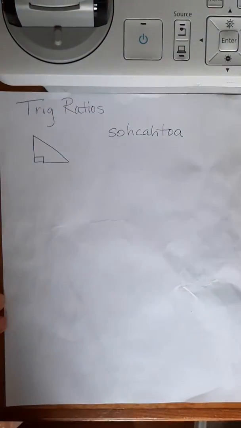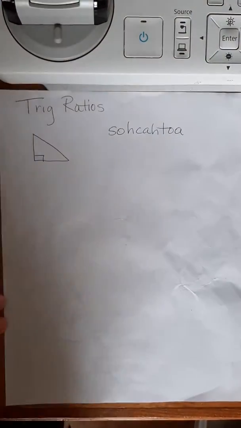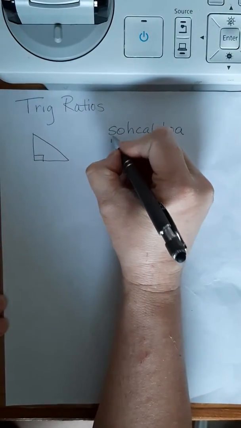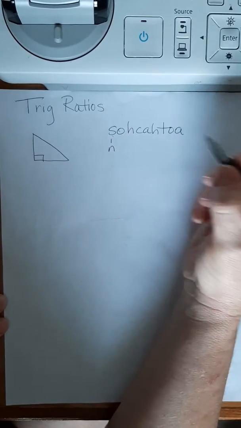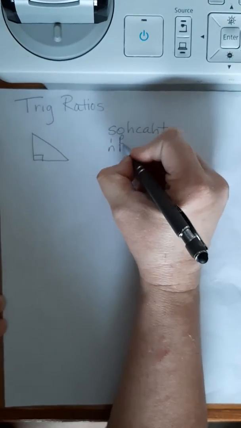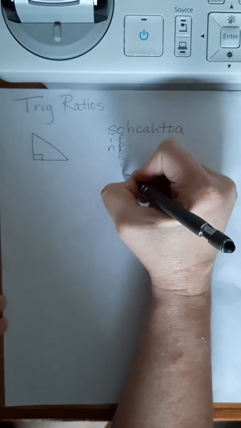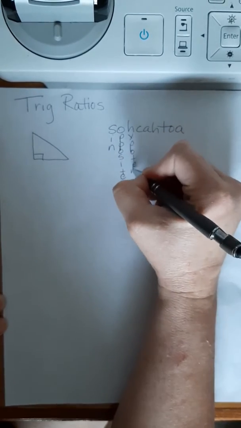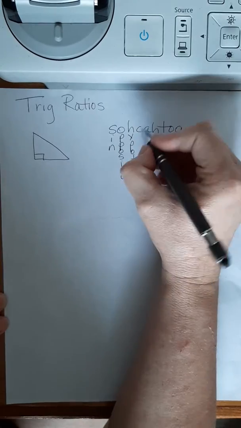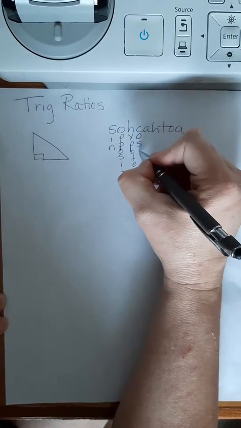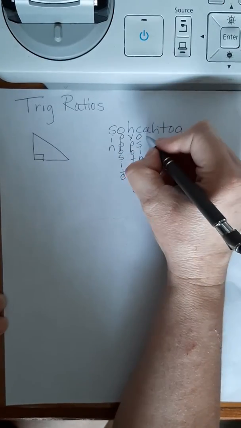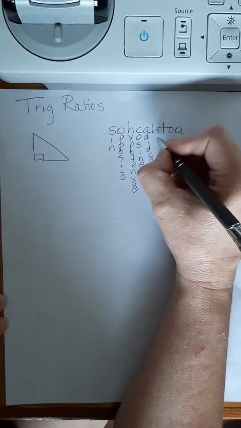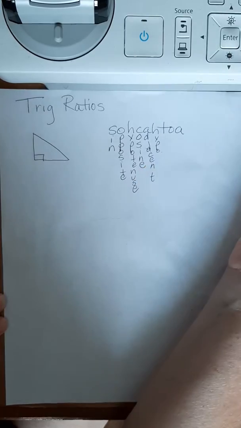I pronounce it SOHCAHTOA, but as far as it tells you literally what's what. So sine is opposite over hypotenuse. Cosine is adjacent over hypotenuse.